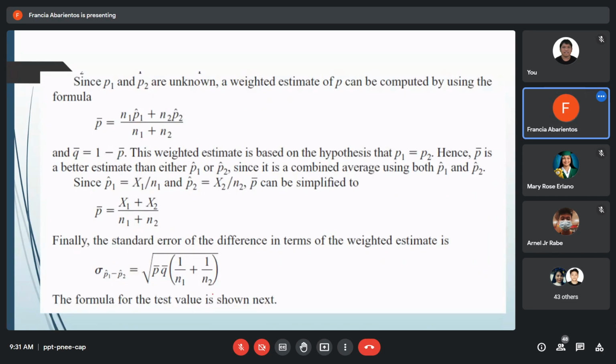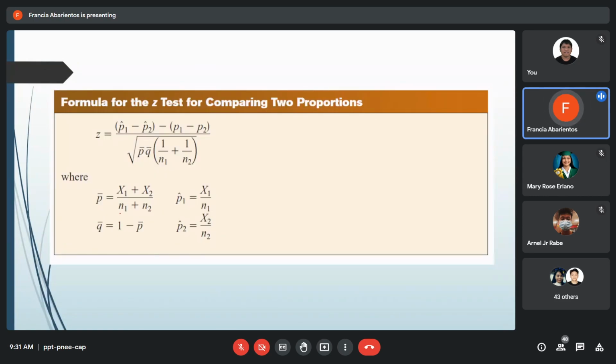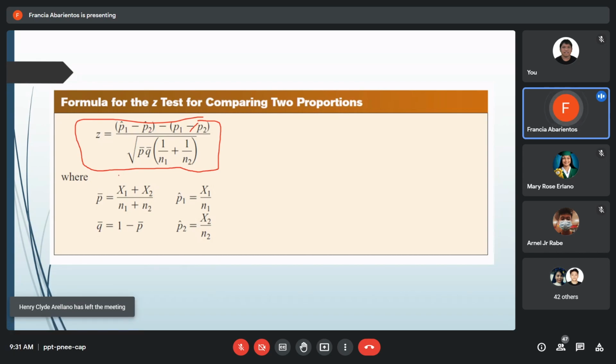Pinakita ko lang yung process on deriving, but ito lang naman class yung ginagamit in z-test when we compare two proportions. Parehas lang naman class, sa denominator lang tayo nag-iiba. This is the stated proportion, and this is the general formula of the denominator.